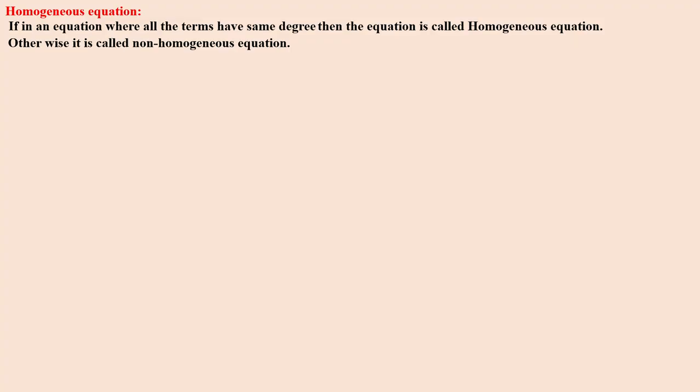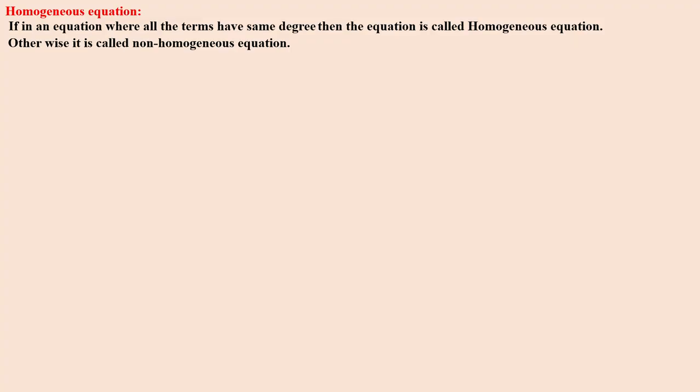Next, you can take x square plus y square plus 2xy equal to 0. See, the power of x is 2, the power of y is 2, and in the xy term, the power of x is 1 and the power of y is 1, 1 plus 1, 2. That is also homogeneous.